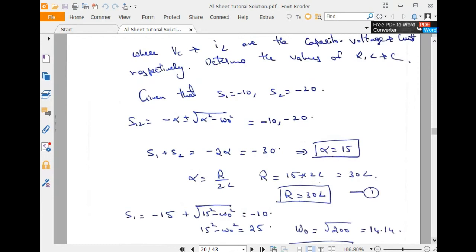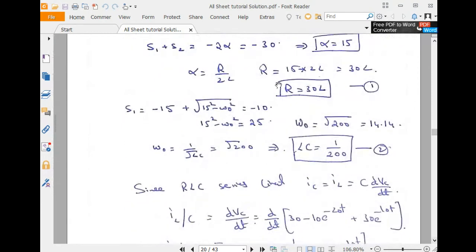This is equation 1. We did not get the value of R, it contains L also. Now S1 equals this, and you don't know the value of omega naught. By using this equation, after substituting S1 as minus 10, you will get omega naught equals 14.14.